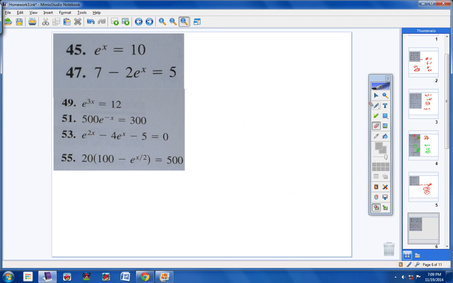And here we go. Let's see, we want to get this base here all by itself. So divide both sides by 20. Okay, and we're left with 100 minus e to the x over 2 equals 25.